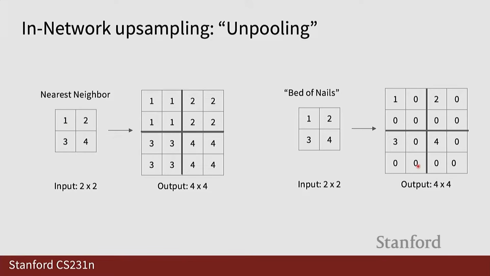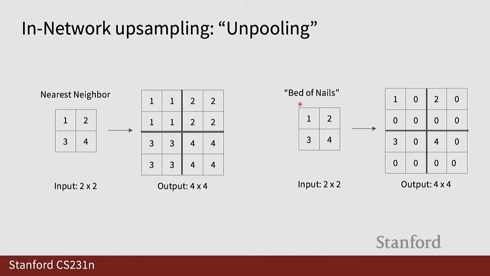Okay, very briefly, let me tell you what we do with upsampling. Upsampling is actually not that hard. We can use an unpooling operation. There are different ways of doing it. One is nearest neighbor. If I want to go from a 2 by 2 matrix, as an example here, to 4 by 4, I just need to copy the data, taking the nearest neighbor in the lower resolution one.